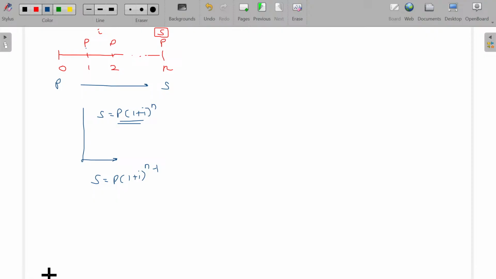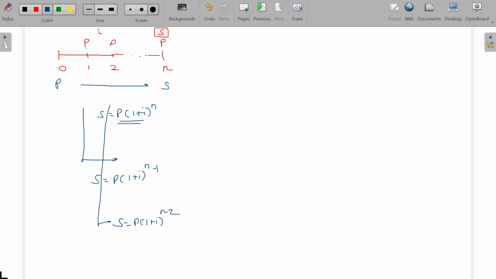Rather than the P being invested at the 0th period, if you are investing the P by the first year end, you delayed that investment by 1 year, so you are losing interest for 1 year. Second one, S is equal to P into 1 plus i to the power n minus 2. 2 years will be lost. Clear? So when there is a stream of investments, periodical payment or receipt, it is called an annuity.